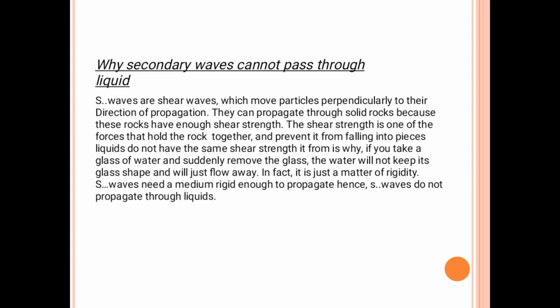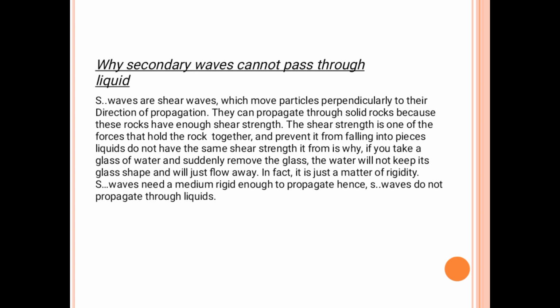Now we discuss why secondary waves cannot pass through liquid. Secondary waves are shear waves which move particles perpendicularly to their direction of propagation. They can propagate through solid rocks because these rocks have enough shear strength. The shear strength is one of the forces that hold the rock together and prevent it from falling into pieces.